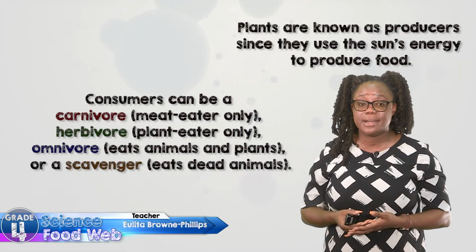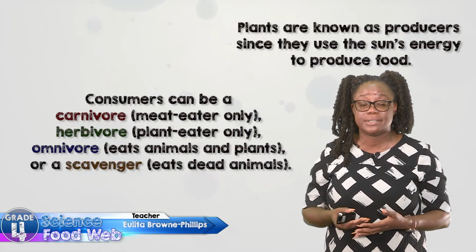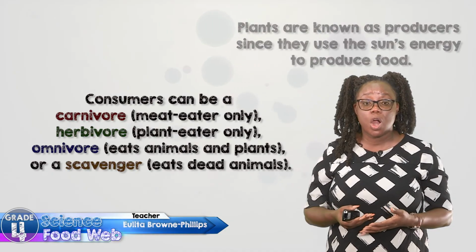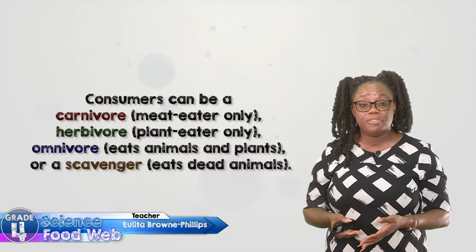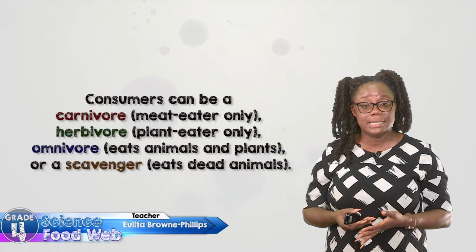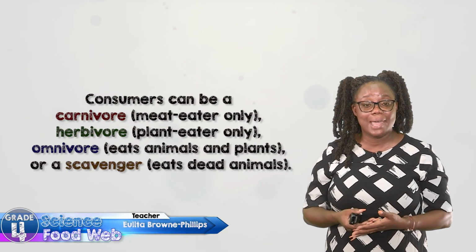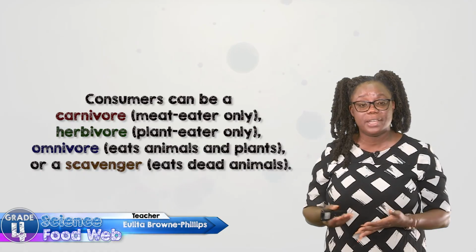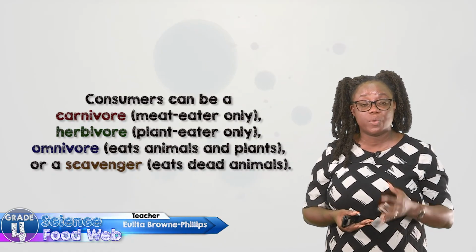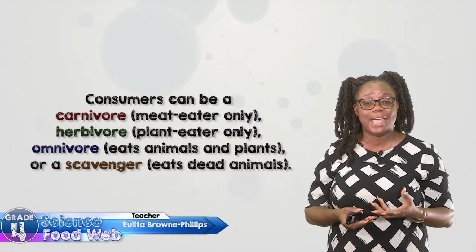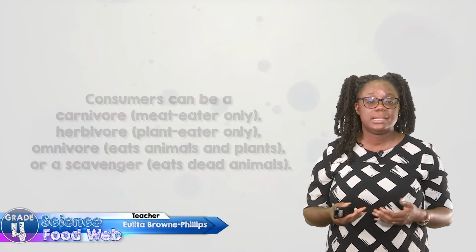Consumers can be carnivores or meat eaters only, herbivores or plant eaters only, omnivores, animals that eat plants and animals, and a scavenger, animals that eat dead animals. So they can all be classified as consumers.